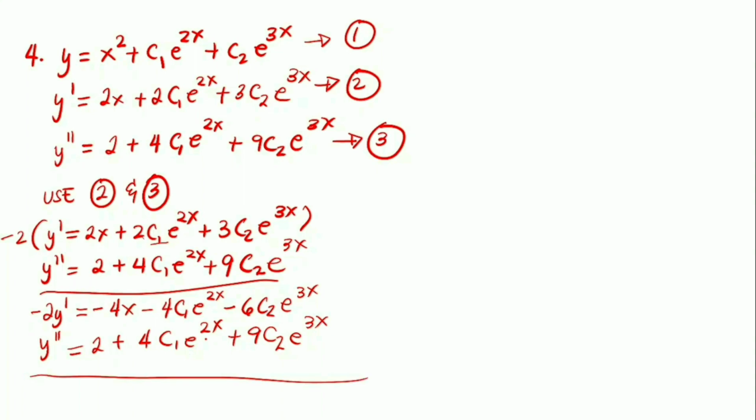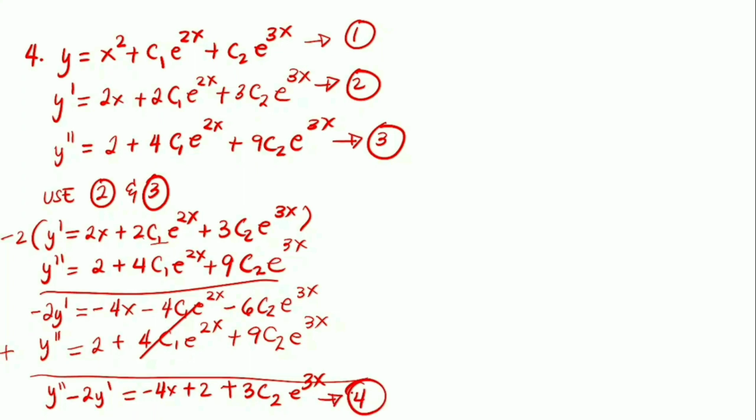Then, add: y double prime minus 2y prime is equals to negative 4x plus 2. This will cancel out, 0, plus 3c sub 2 e raised to 3x. So, this will become your equation 4.